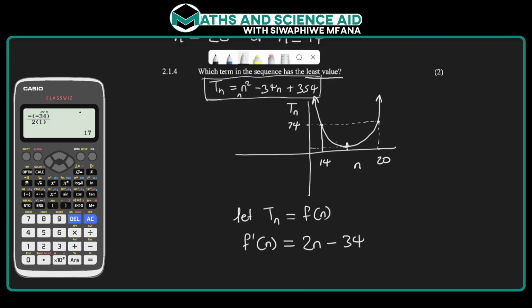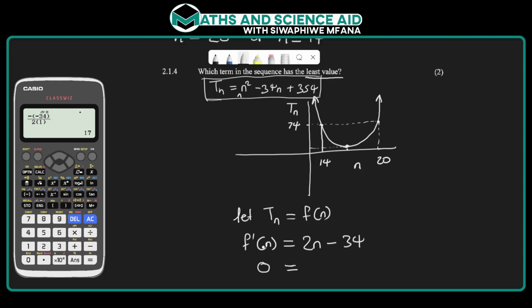We know that at the turning point of our parabola, f prime of n, the first derivative, is equal to 0, because the first derivative gives us the gradient of our parabola at any given point.